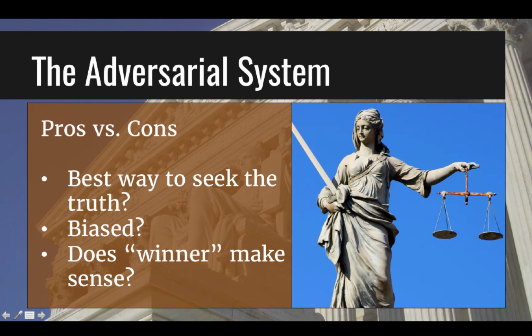Thus, the wealthier party has a huge advantage. Both of the aforementioned problems could result in biased outcomes. Additionally, the adversarial system seeks to reward a singular winner when the most beneficial answer may be compromise.